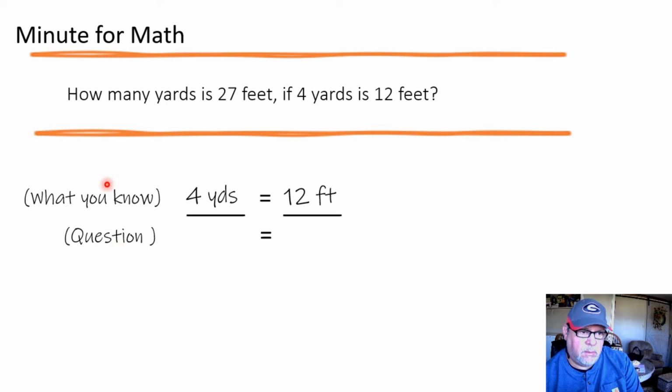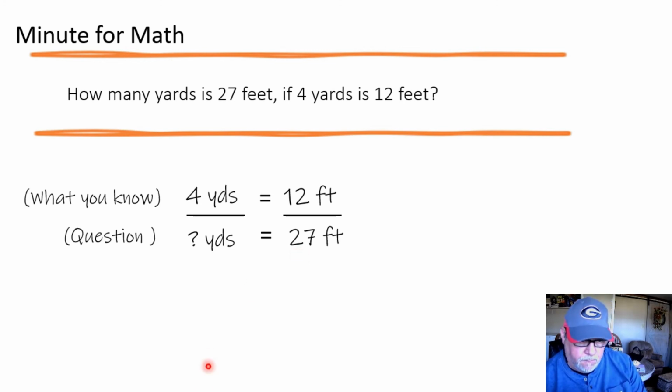But the question is, how many yards is 27 feet? Alright, so where are we going to put 27 feet? Not here, that's yards. So here we'll put how many yards, and here we'll put 27 feet. Is that what you did?